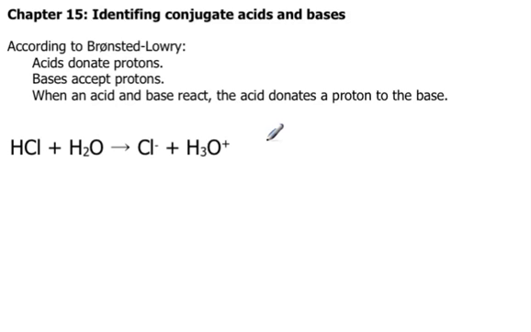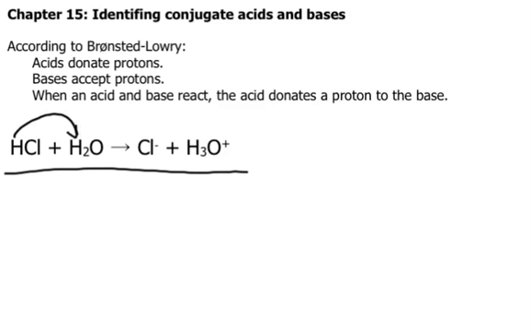So here's the equation that we're going to be working with today. You have HCl reacting with H2O, and the products are the chloride ion and the H3O plus ion. As you can see, in this reaction, the H plus is being transferred from the HCl to the water molecule.